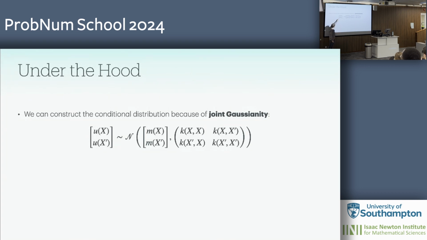So this vector containing the concatenation of evaluations of u at x and x prime follows a Gaussian distribution under the prior with this mean, the concatenation of the two mean vectors, and this covariance matrix with the two Gramian-type terms that you would expect on the diagonal, and then the cross-covariances on the off diagonal.